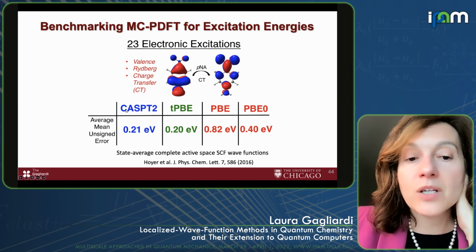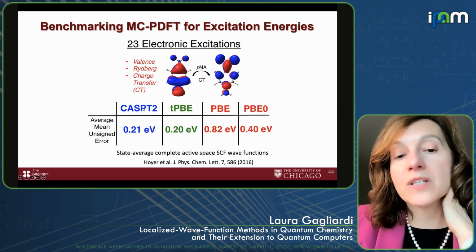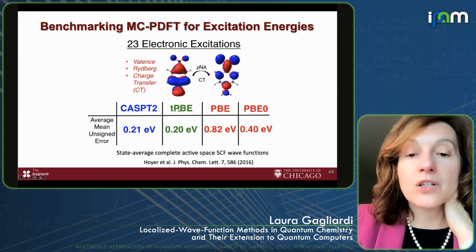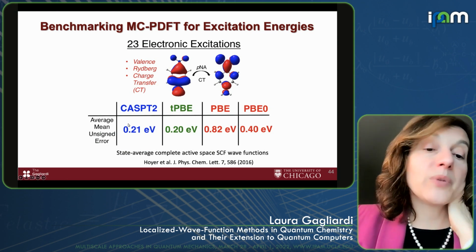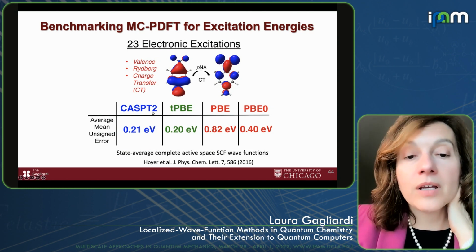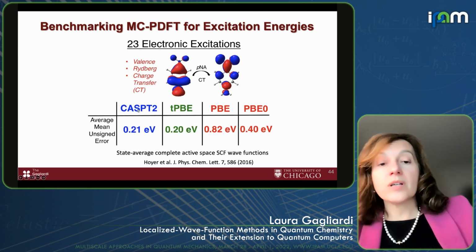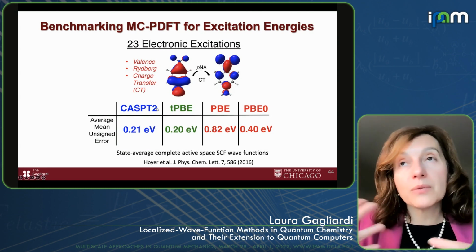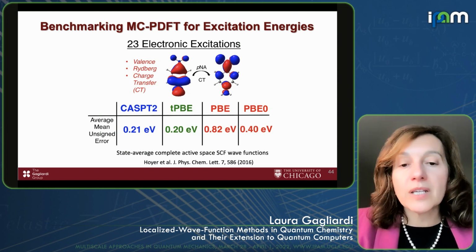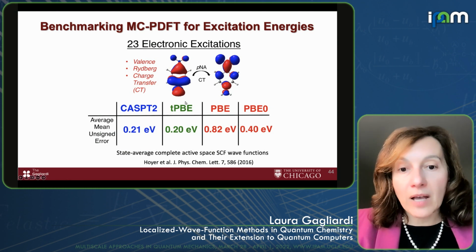And this is a typical wave function type of result: PT2 on top of your CAS wave function. We see that our tPBE is performing quite successfully, and you don't have to pay the extra price of the PT2 that you have to do in this case. So this really opens up to much larger systems, especially if you can control the cost of the parent wave function.